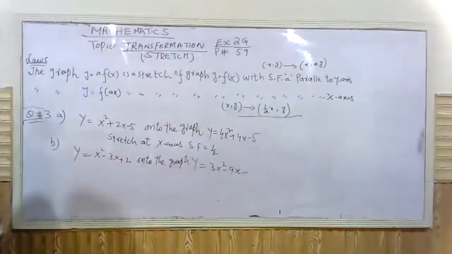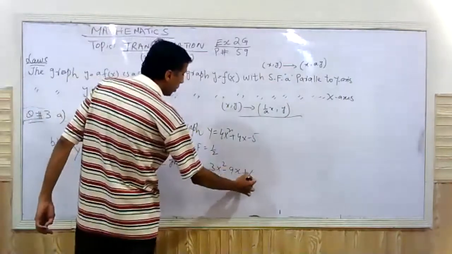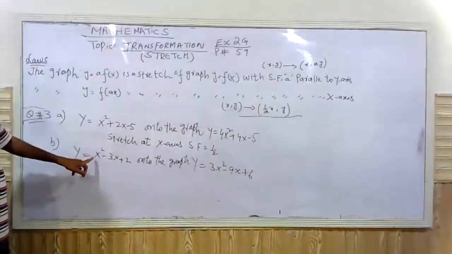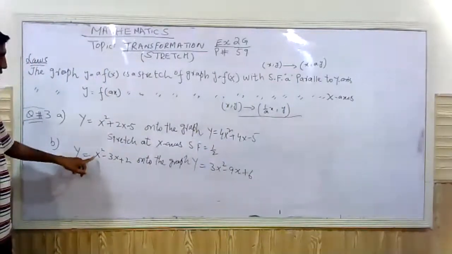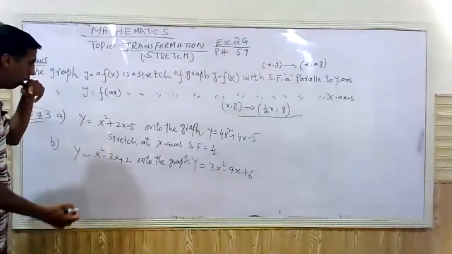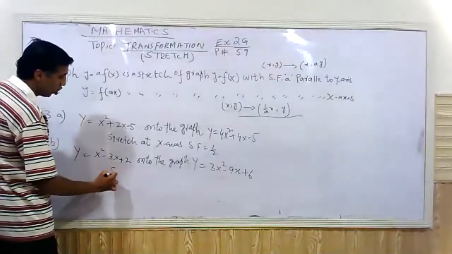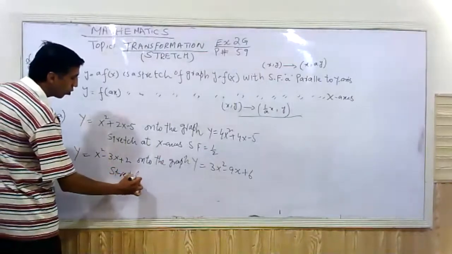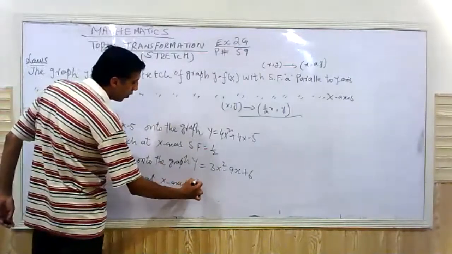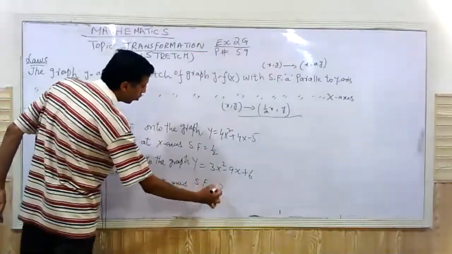It is very much clear, it is multiplying with the stretch factor. If I multiply 3 to this equation, I get 3x squared minus 9x plus 6. It is a stretch at the x-axis with stretch factor 3.